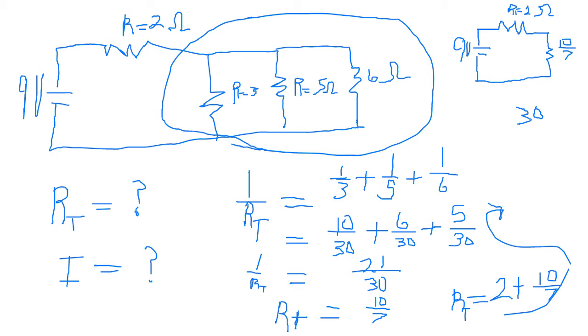And 14 over 7 plus 10 over 7 is 24 over 7. So RT is equal to 24 over 7. And then I is equal to V over R. You just plug in your 24 over 7 and 9. So it would be 9 times 7, 63, 63 over 24. That would be your I.